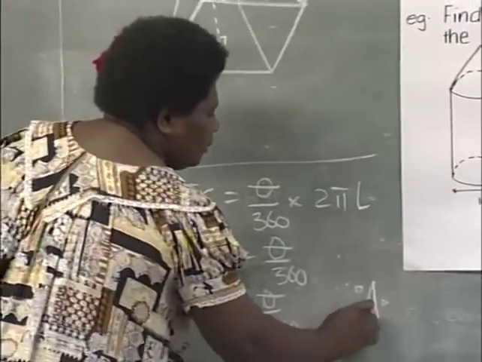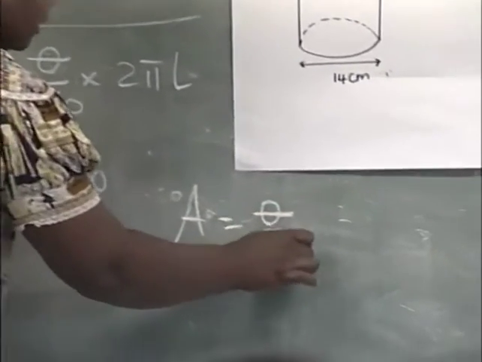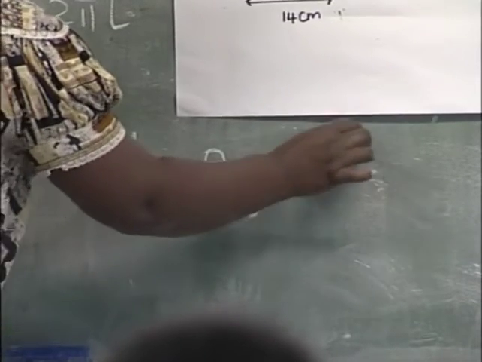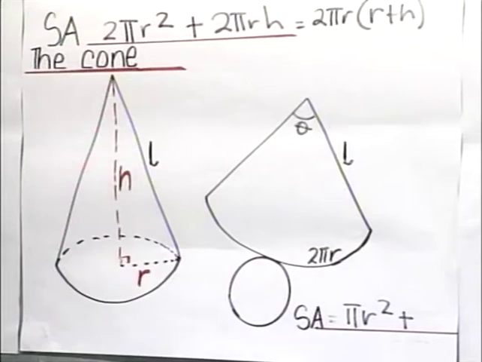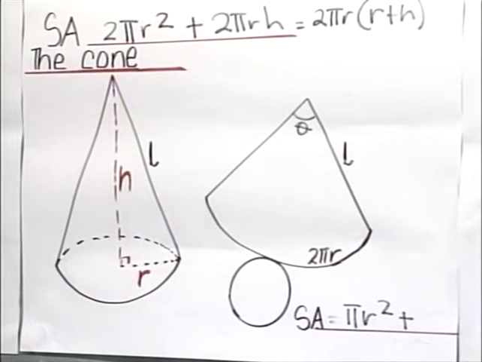The area of the sector is theta on 360 multiplied by pi L squared, because L is actually the radius of that sector. This 2 pi r is the arc length.